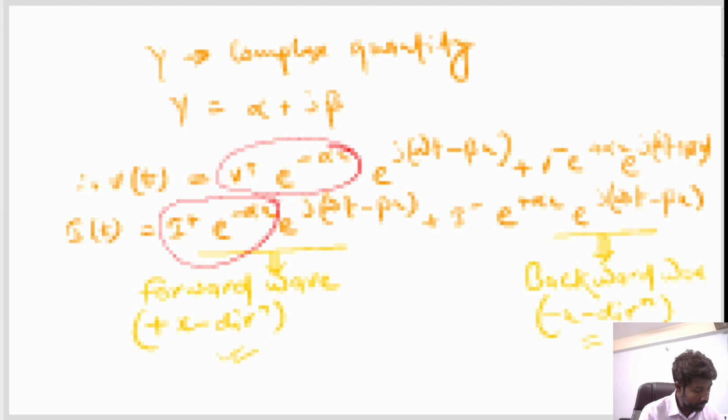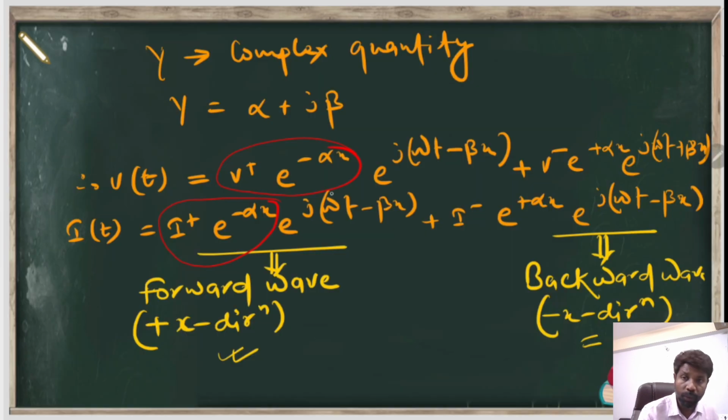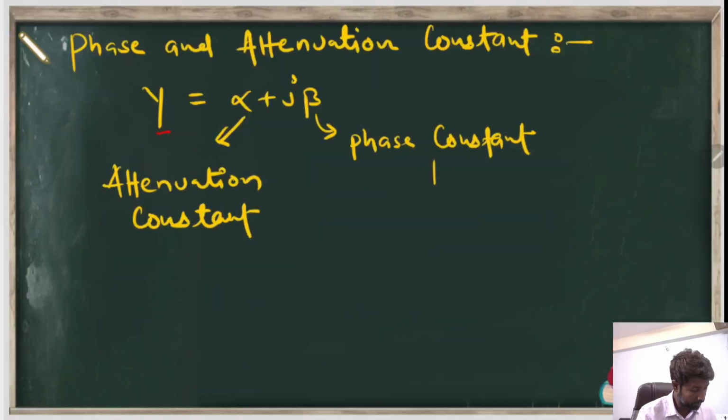If you look at these voltage expressions, the first term of this voltage represents a forward traveling wave, and the second term represents a backward traveling wave. Consider the amplitude of this forward traveling wave.